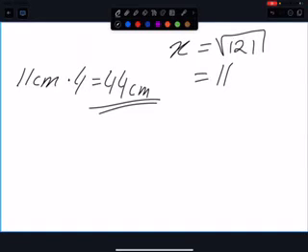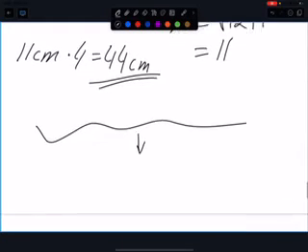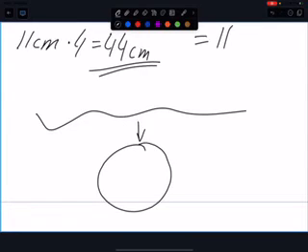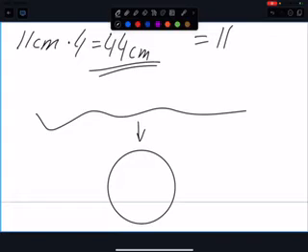Next thing, that same piece of wire is bent to form a circle. It becomes a circle now. And then it states, find the radius of that specific circle.